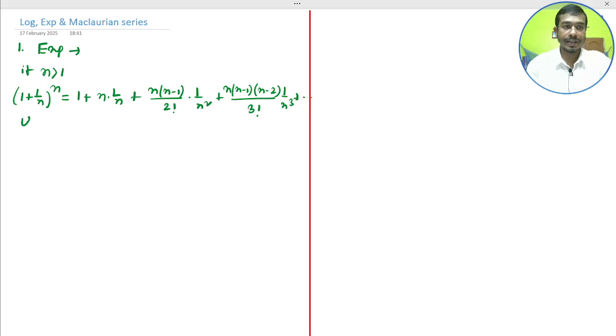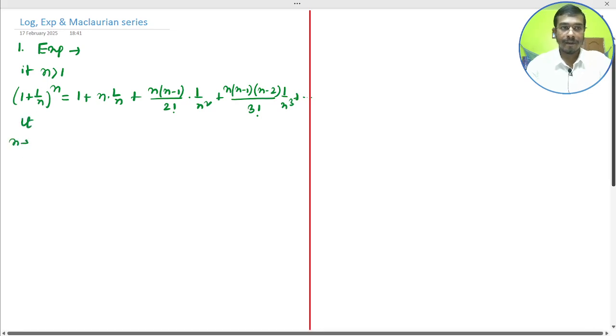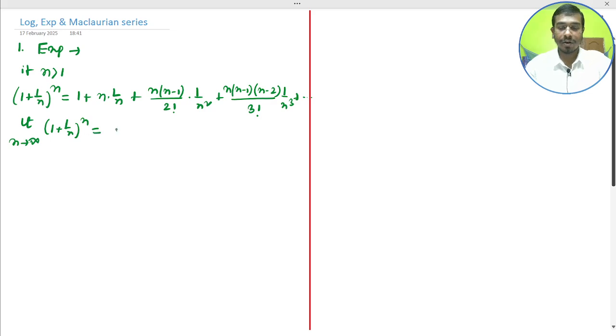So basically it is written as the limit n tends to infinity of 1 plus 1 by n to the power n, that is equal to 1 plus 1 by 1 factorial plus 1 by 2 factorial plus 1 by 3 factorial plus dot dot dot up to infinity. That is e, by the formula of the limit.